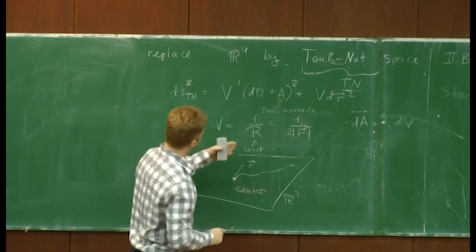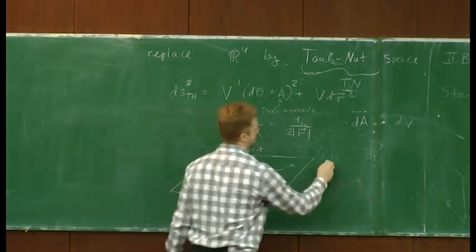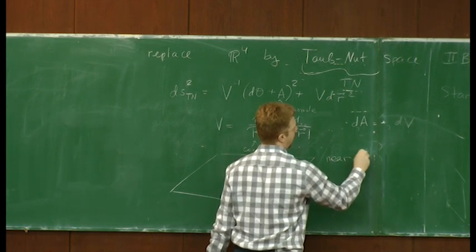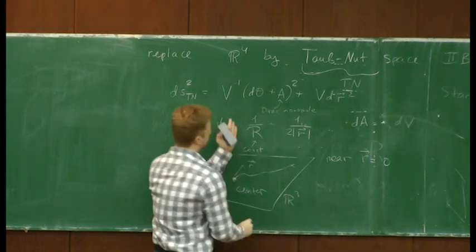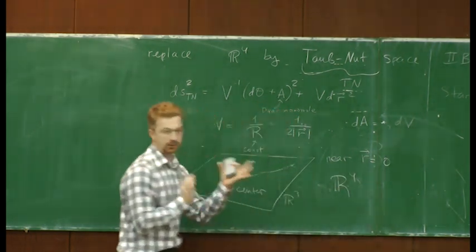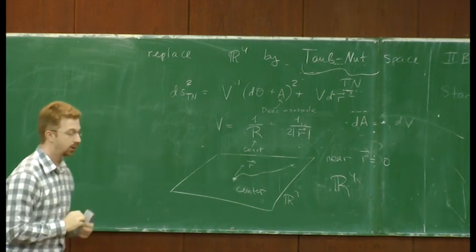On the other hand, if you look at this space near r equals 0, this is nothing but R4. This is just R4 written in some strange coordinates.